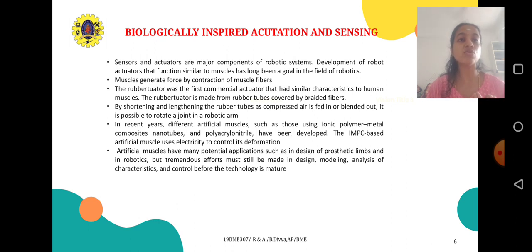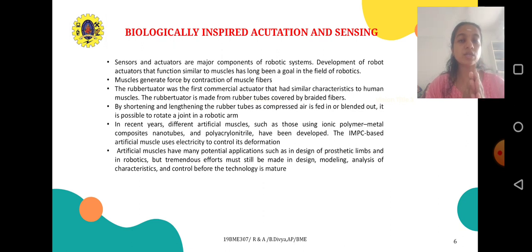Muscles generate force by contraction of muscle fibers. Human beings are living animals, and we have muscles.